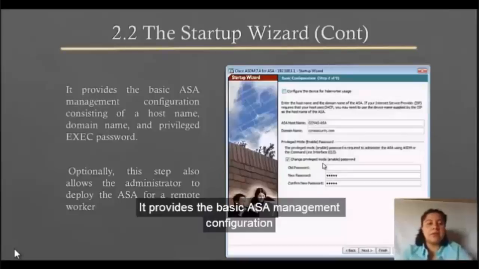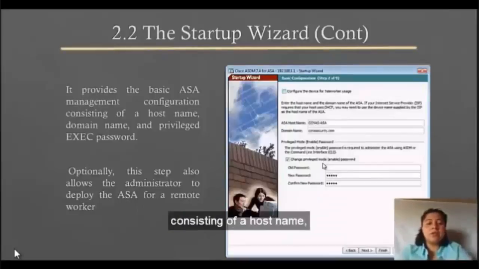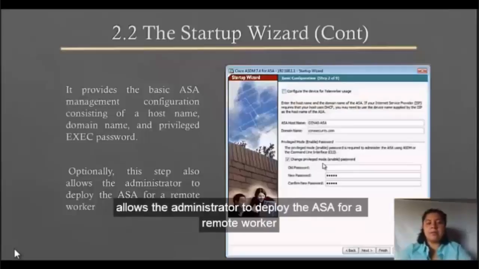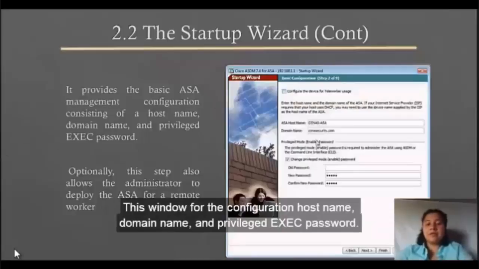It provides a basic ASA management configuration consisting of the host name, domain name, and privileged access password. Optionally, this step also allows the administrator to deploy the ASA for a remote worker. It is the window with the configuration of the host name, domain name, and privileged access password.